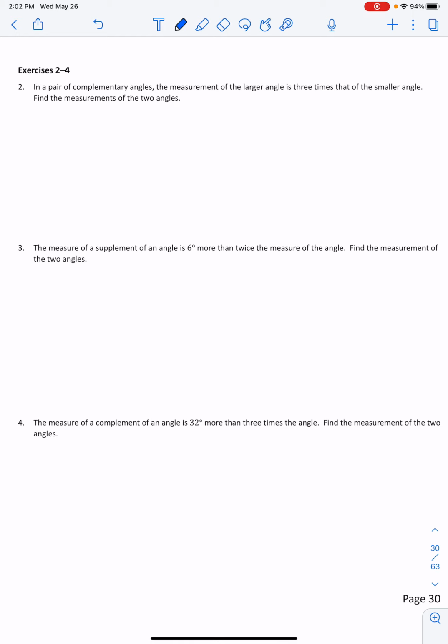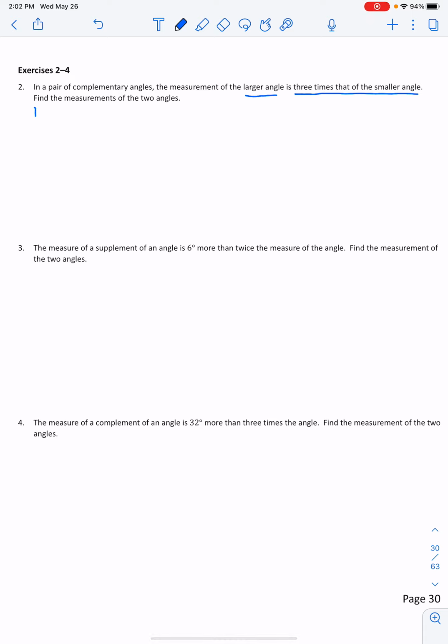The first thing we are going to do: in a pair of complementary angles, the measurement of the larger angle is 3 times that of the smaller angle. Find the measurement of the two angles. Because these are word problems, the first thing we have to do is write let statements.